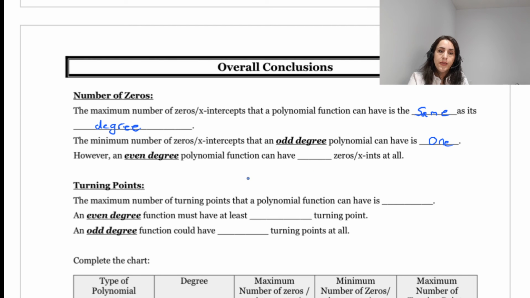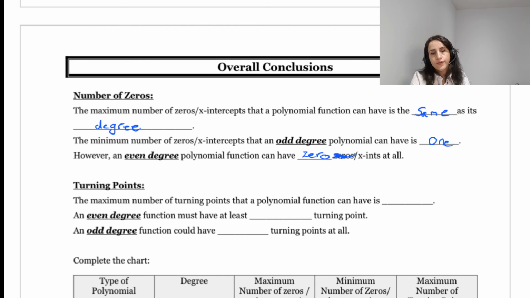But for even degree, how many zeros or x-intercepts can they have? They can have 0 x-intercepts. I just want to write this 0 so as not to put two zeros beside each other.